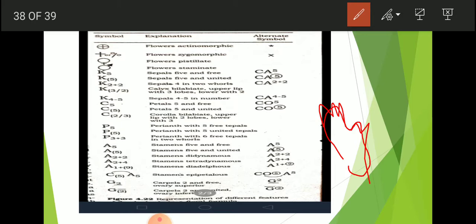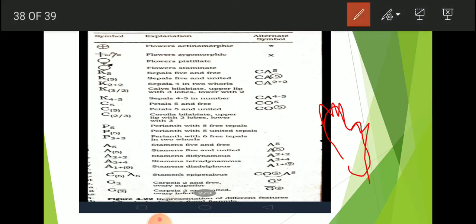And 4 to 5 means that sometimes the calyx has 4, sometimes 5. Then we come to the corolla. Same, 5 is the number of petals present and if free, it is written as C5. If it is united, it is written under a bracket. And corolla 2 by 3 means the corolla is bilabiate with an upper 2 lips and lower 3 lips.